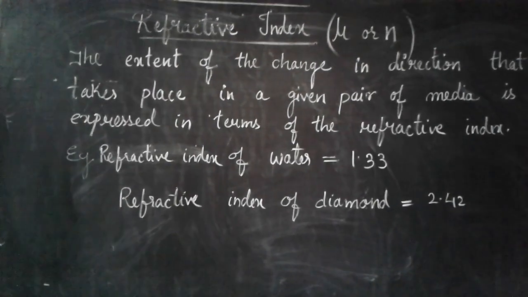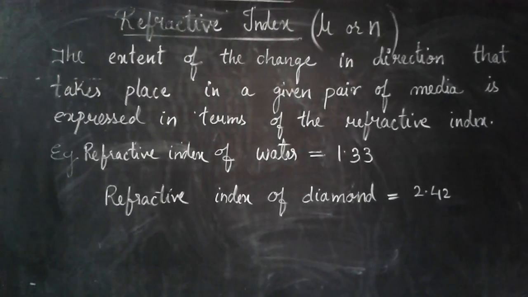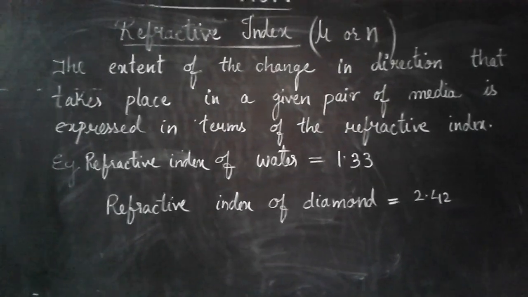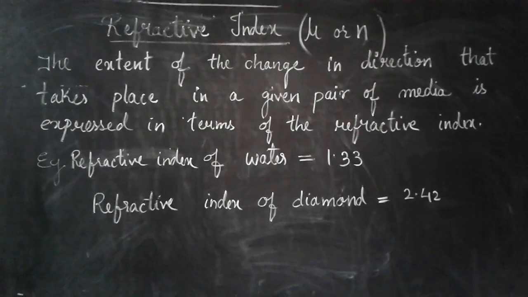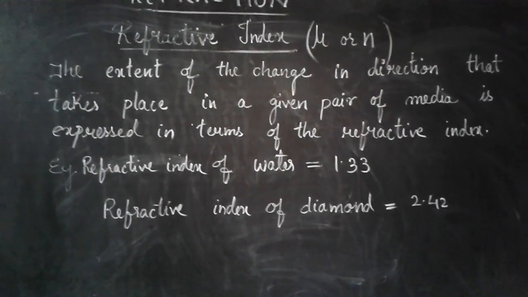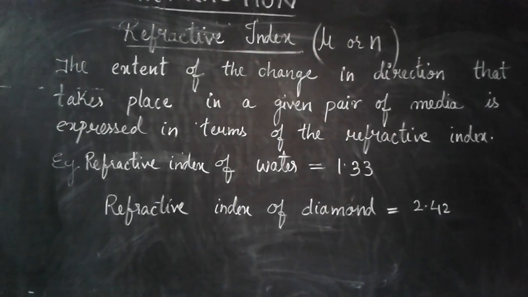That we already know, because water is denser than air or vacuum. But how much will it decrease? The extent of that decrease in the speed of light, or the extent of bending toward the normal. Of course it will bend toward the normal because it is coming from a rarer medium to a denser medium.